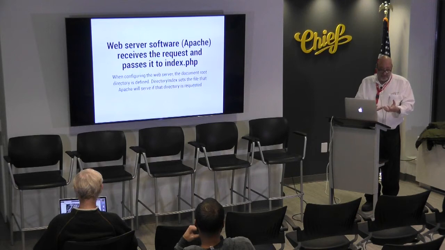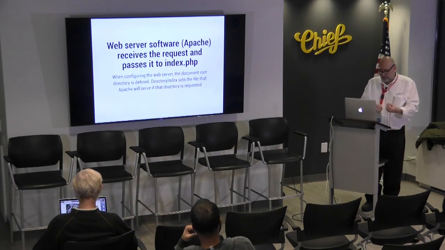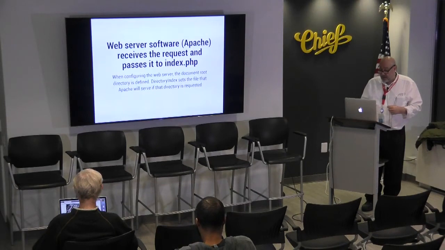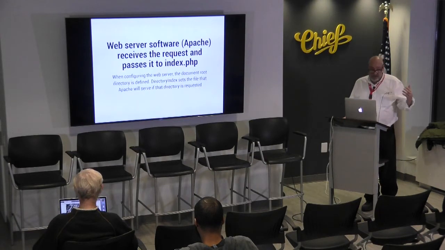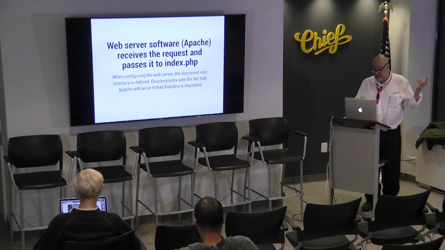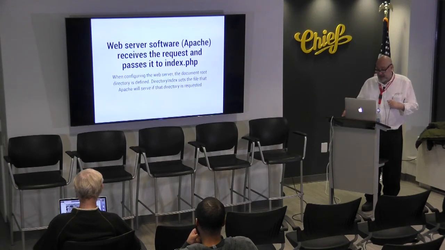It's where the request gets passed to initially. We call that the document root directory. And in Apache, there's something called directory index, and it says, where's the index file? It knows it in its configuration and doesn't have to go searching for anything. It has the address and heads right over there.